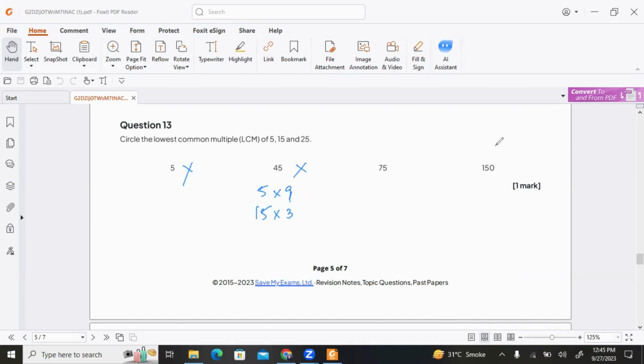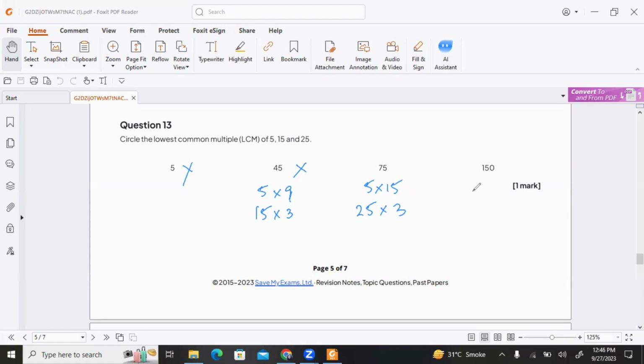Now 75 and 150. 75 is a multiple of 5 because 5 times 15 is 75. And 25 times 3 is also 75. So all three have 75 in the times table.